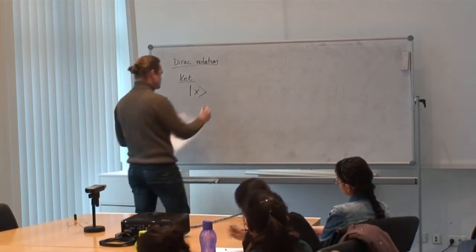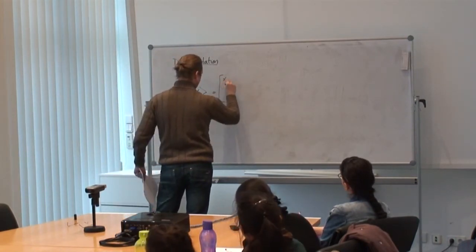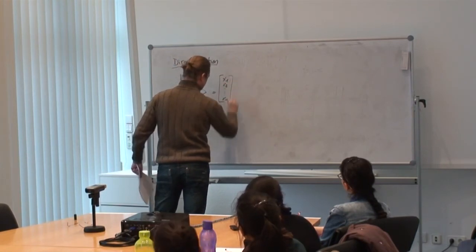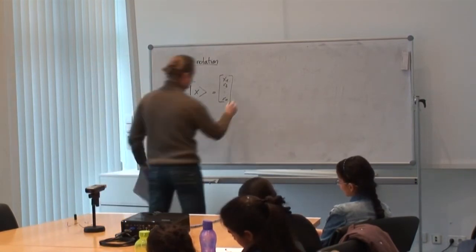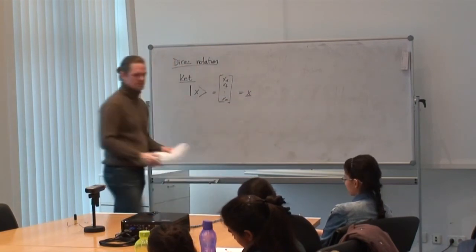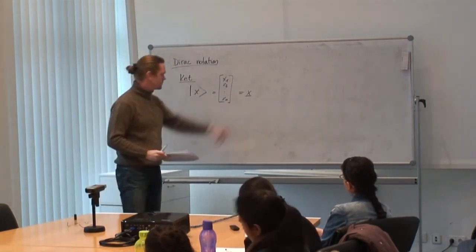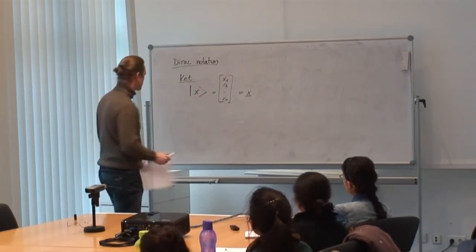And this is supposed to mean this vector, x1, x2, all the way up to some xn. So in a sense, this is just another way of expressing these vectors x we have been talking about. But instead of an underscore, we now have this pointy bracket thing here.